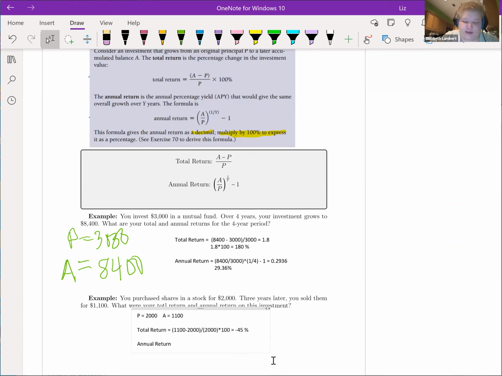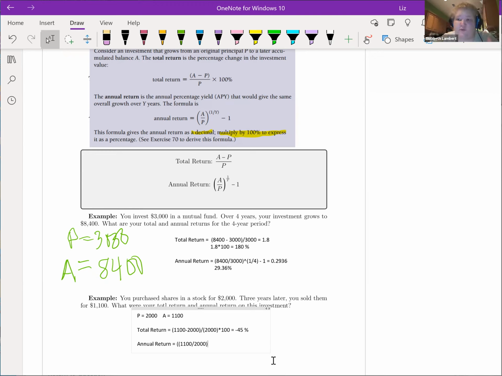Now the annual return. So now I have my 1,100 over the 2,000. So this is a fraction that is between 0 and 1. When I raise it to an exponent, if I was squaring it, it would actually get smaller. But since I'm cube rooting it, it will get bigger, but it still won't get bigger than 1.